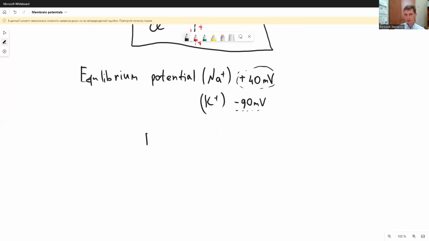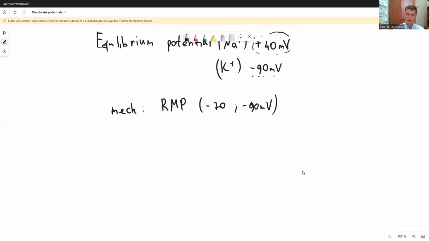How is resting membrane potential created? What are the mechanisms of the creation of RMP? Minus 70, minus 90 millivolts. We know two main mechanisms.